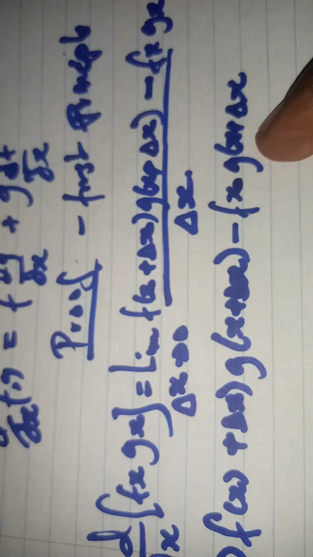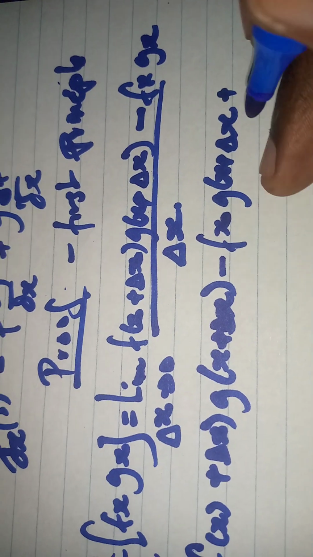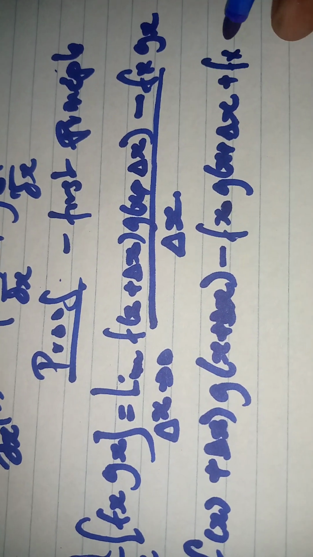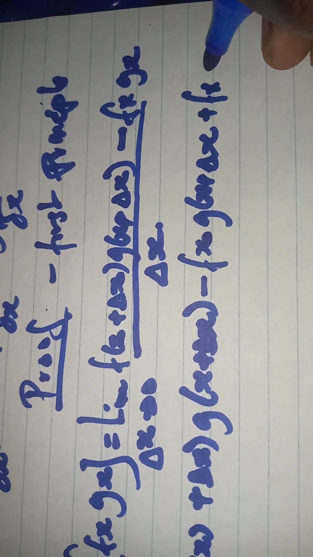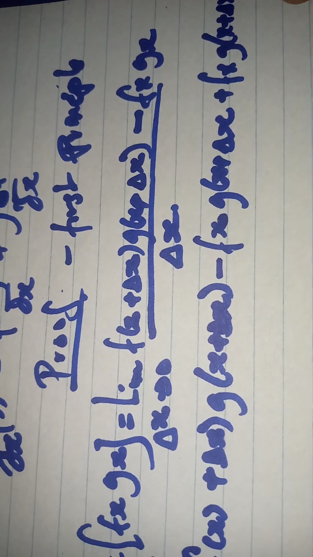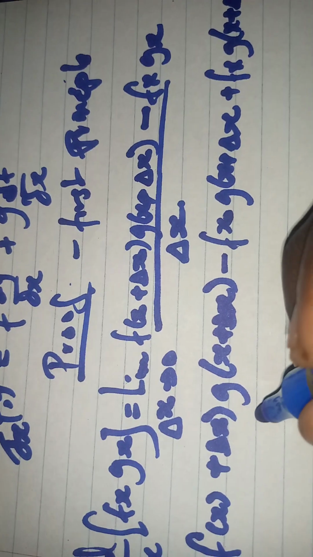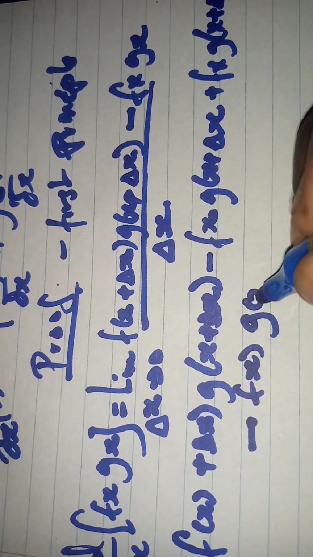I've subtracted this, and then I'm going to add the same f of x, g of x plus a small change in x, and subtract f of x times g of x.